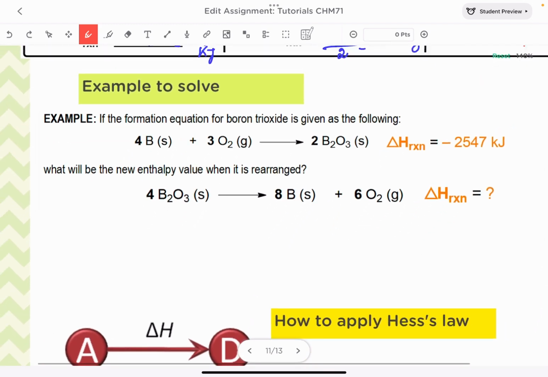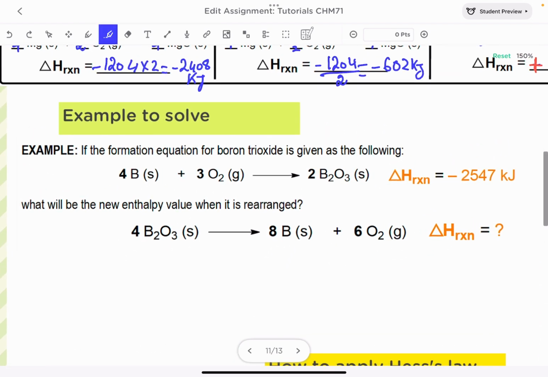Let's take another example. Suppose you have this equation with a given enthalpy. Let's see, what did we do? The B is on the other side and the O2 is on the other side. So apparently we reversed the given equation. That's one thing. But also, you can see that first you had 4, 3, 2. Now the B is 8, the O instead of 3 is 6, and the B2O3 is 4.